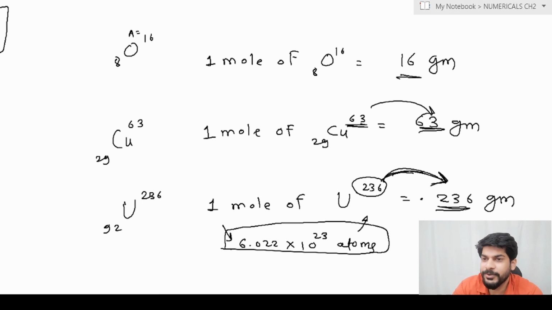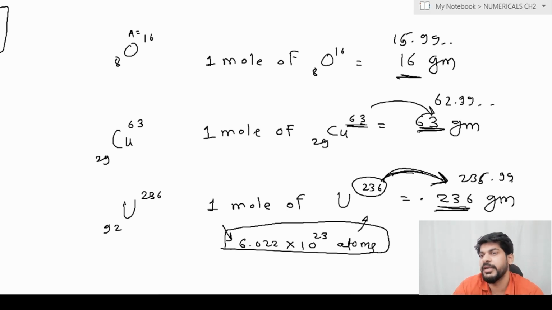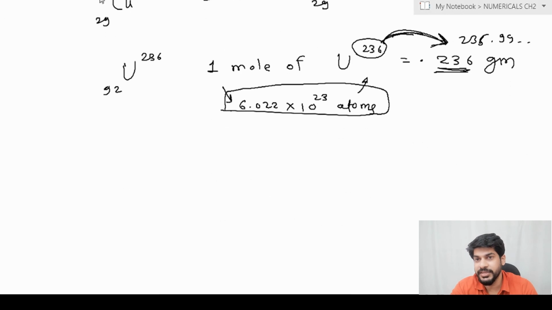When I say it's 16 or 63 or 236, it's not exactly that, it may be a little bit less, like 15.999, 62.99, something like that. It's not exact every time. Only carbon has an exact value. Carbon is 6, 12, so A is 12.